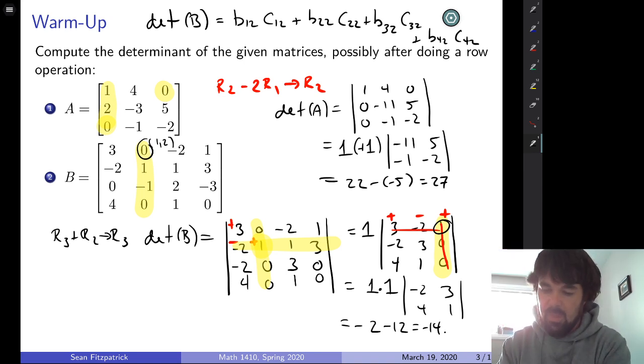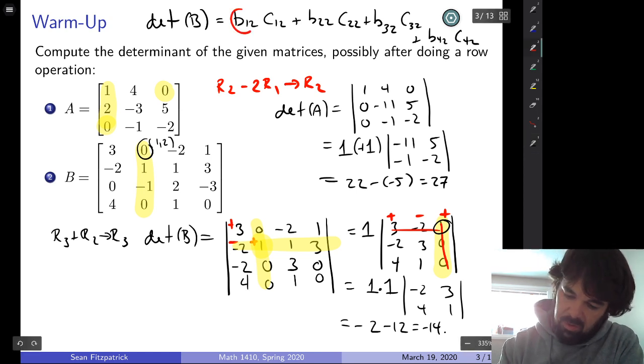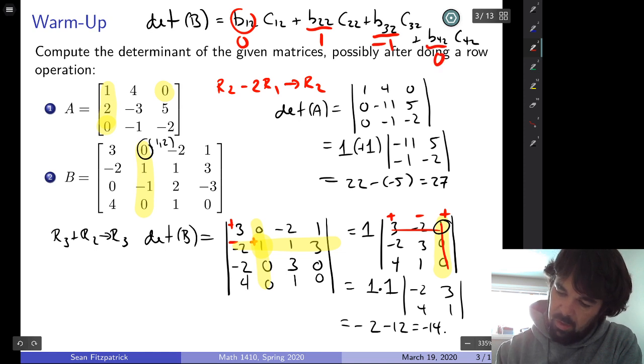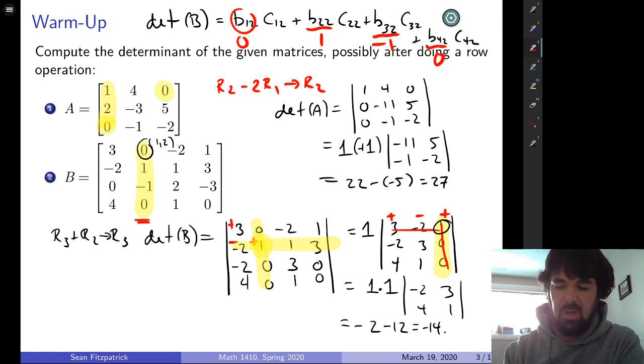But if this number here, B12, is a 0, this is a 1, this is a minus 1, and this is a 0, right? It's these numbers in this column. Well, I'm not going to bother calculating the C12 cofactor because I'm going to multiply it by 0, right? The cofactor is just a number. 0 times any number is 0.